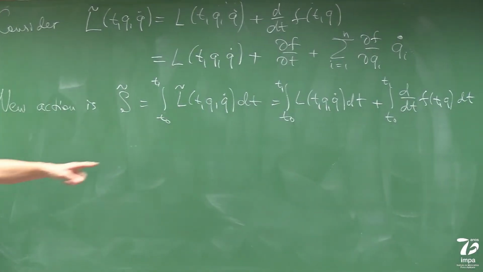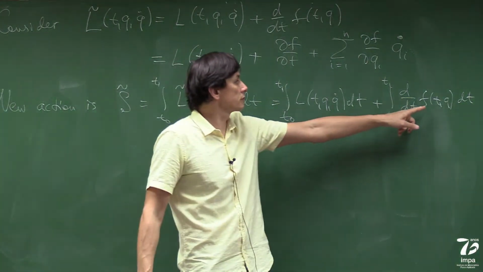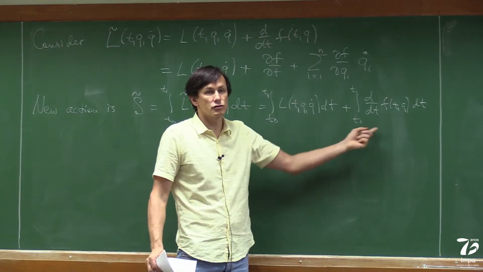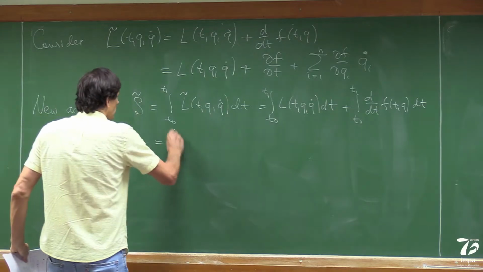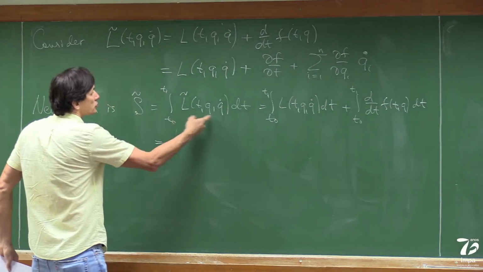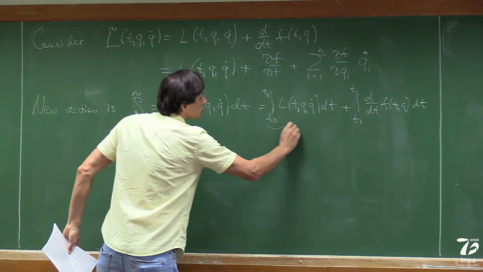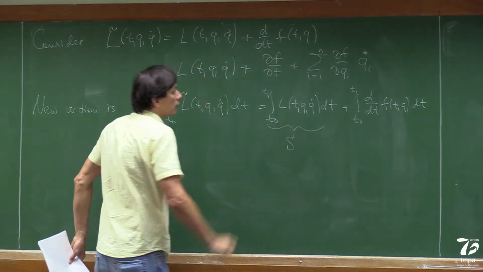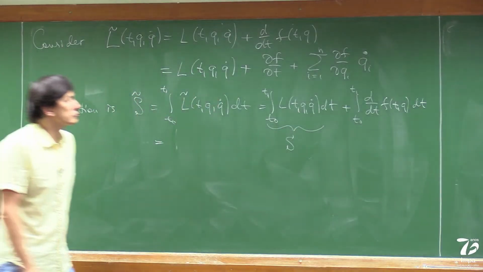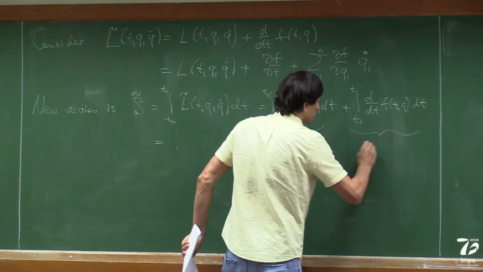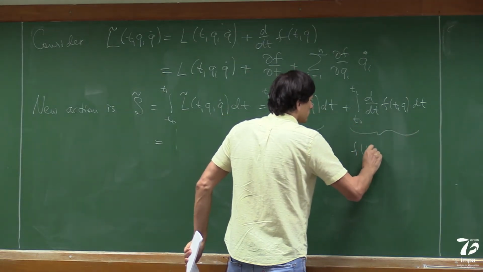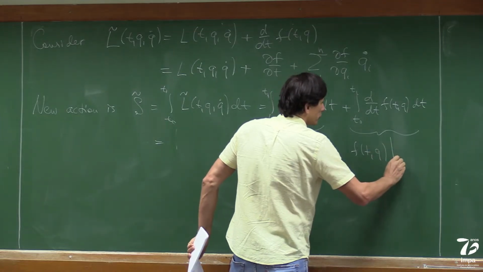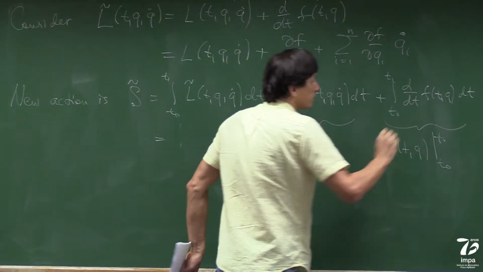But you can see that the second integral is an integral of a derivative, right? So it's just the difference of the values of f at both ends. And the first term is just the previous action, and this term will be f of t, q between t0 and t1.